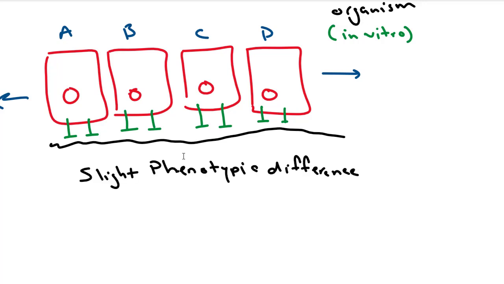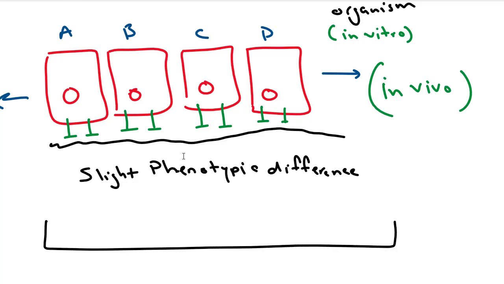Now, if I take these cells from this in vivo environment and I put them in an in vitro environment in a petri dish, so here's my petri dish, and I put these cells in there, they will bind to the bottom of the plate and form a monolayer.